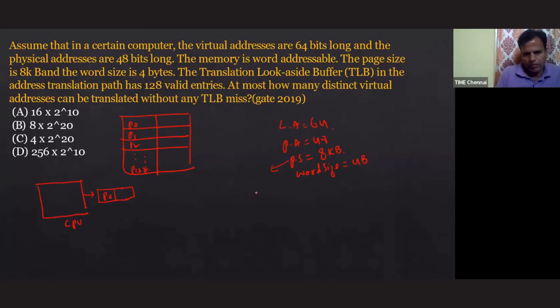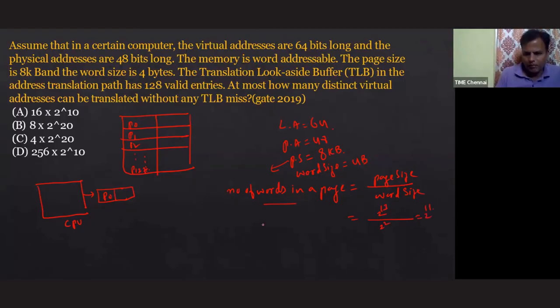So how will you calculate? Number of words in a page equals page size divided by word size, which is 2 power 13 divided by 2 power 2, which equals 2 power 11.